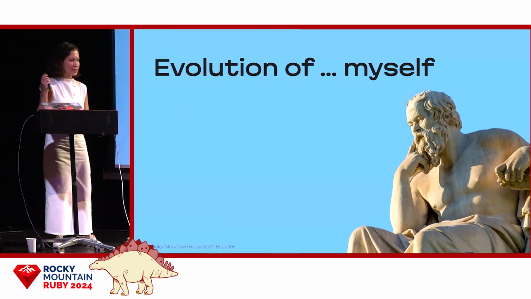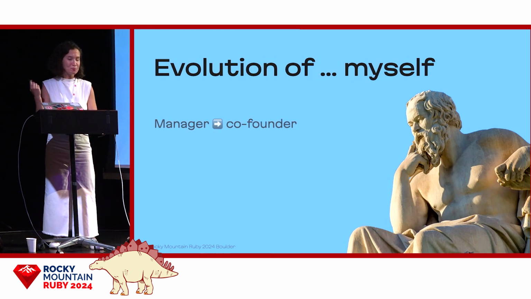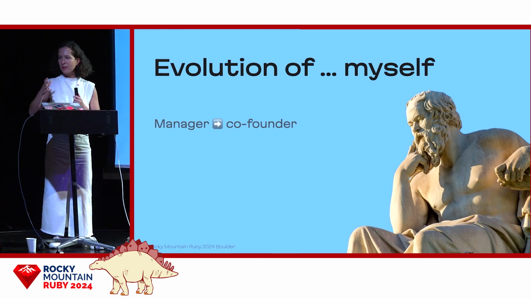And my last remark would be about my own journey. If you remember, I joined Evil Martians as an account manager, and I acted as a kind of assistant manager at AnyCable, somebody helping Vova.